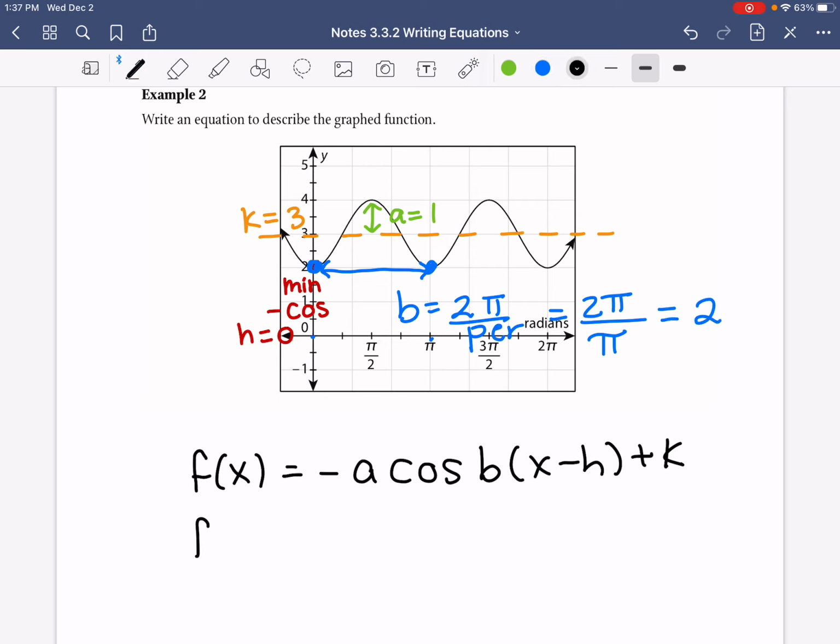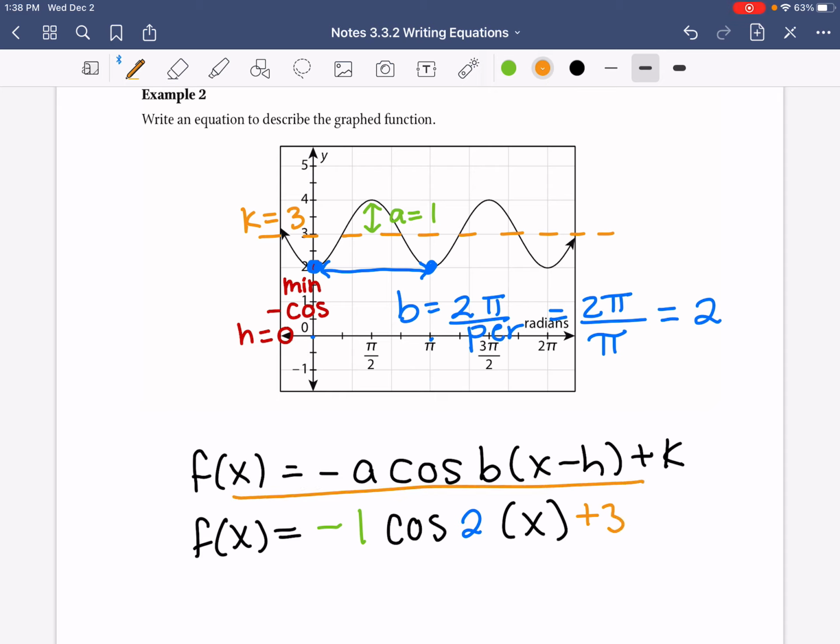So my equation, f of x equals, it's going to be a -1 cosine. B was 2. X minus h ended up being 0 because I used a negative cosine, so I'm just not even going to write plus 0. And then my k value was 3.